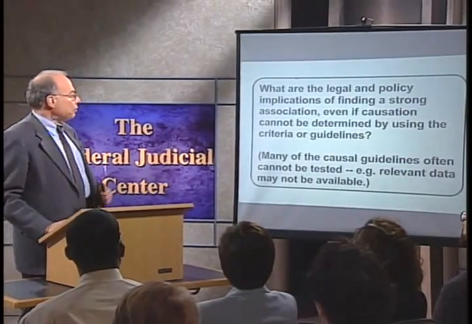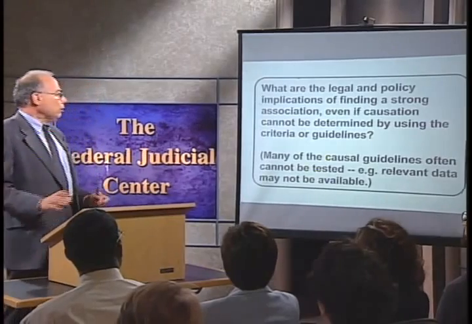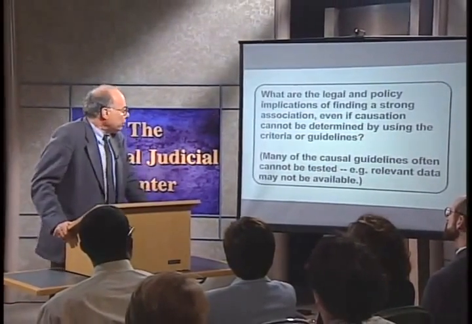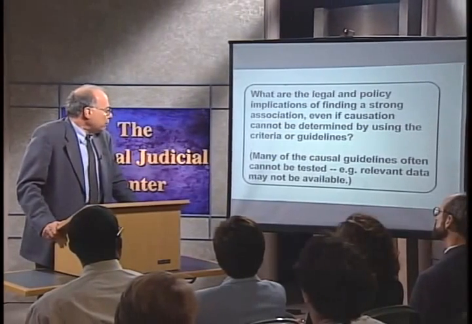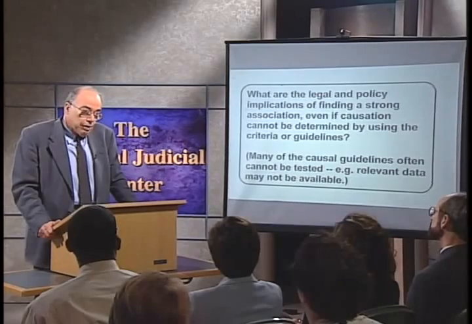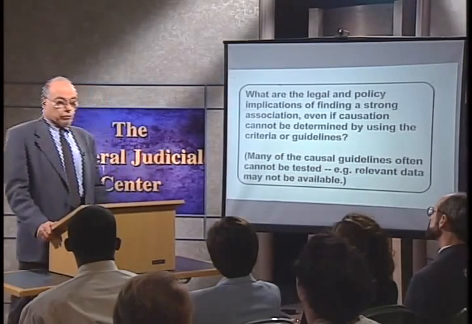Let's stop and ask the question, what are the legal and policy implications of finding a strong association even if causation cannot be determined by using these criteria or guidelines? That is, we show a strong association, the relative risk is high, but when we go to that list of guidelines, we're not able to document them. Often we just don't have the data. The appropriate studies haven't been carried out.